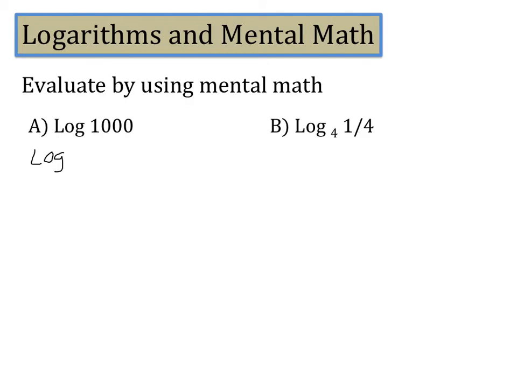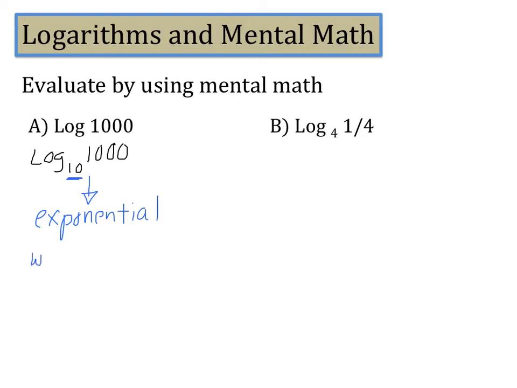We can think of it as log base 10 of 1,000. Now, if we're going to rewrite this in exponential form, and I recommend doing this sometimes at the beginning to get you used to it, what this technically would say is we're trying to figure out what to raise this to get 1,000.